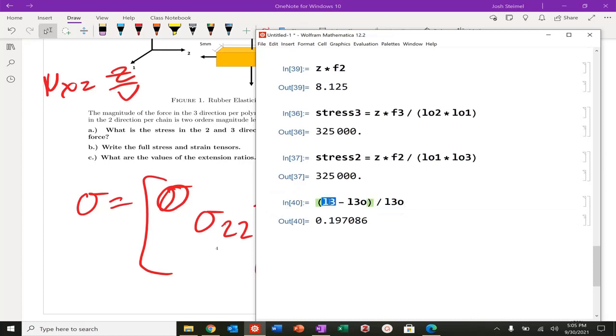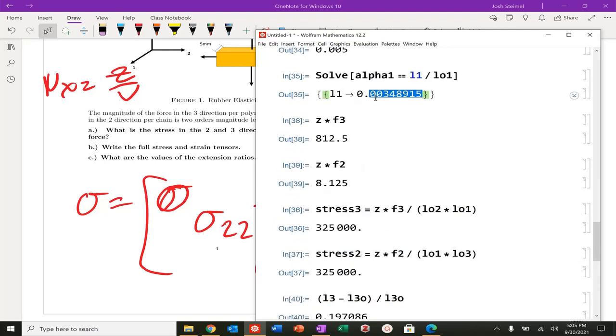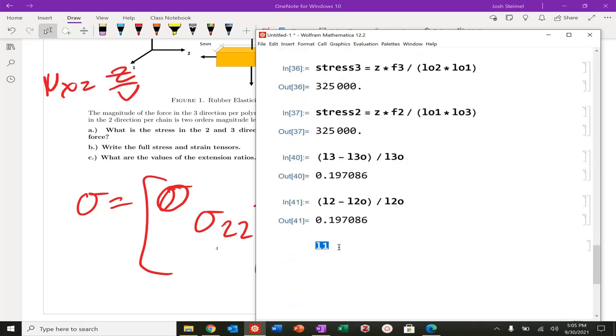So there's my strain in the 3 direction. What about my strain in the 2 direction? 2, 2. So we got that variable here. And then finally L1, which we found to be right here. So my L1 minus my L naught 1.